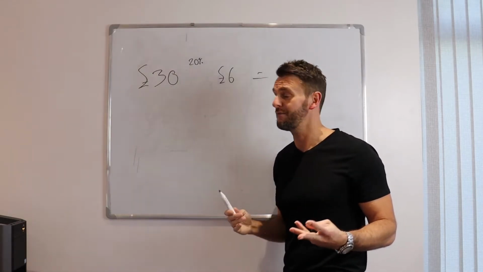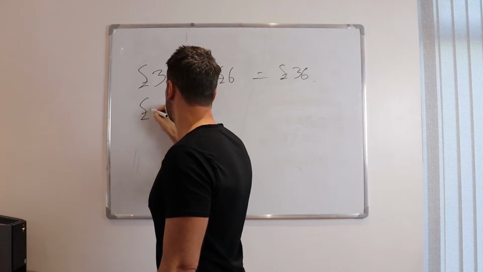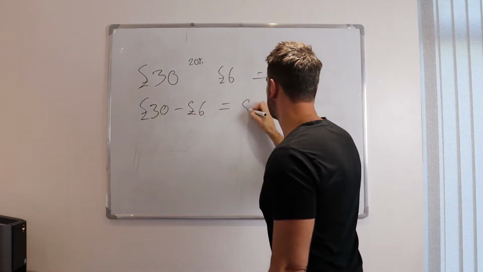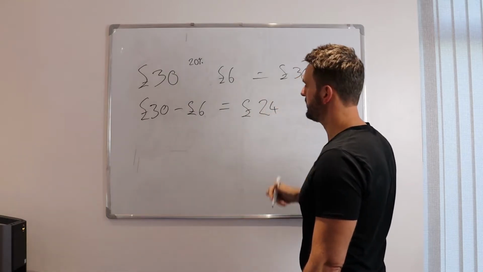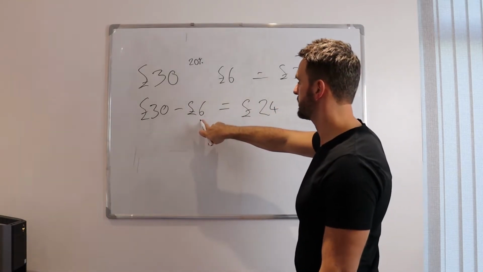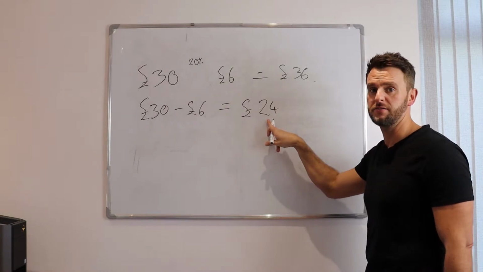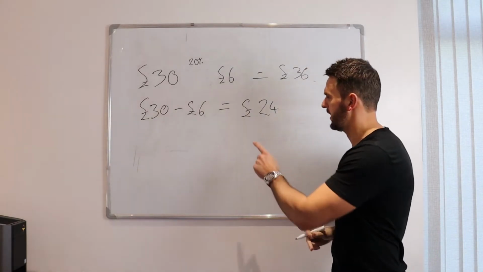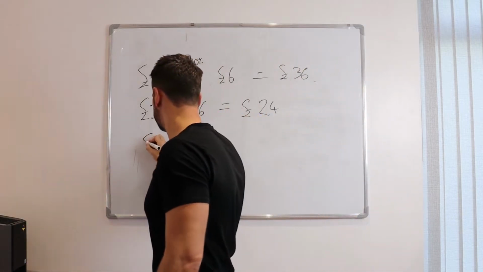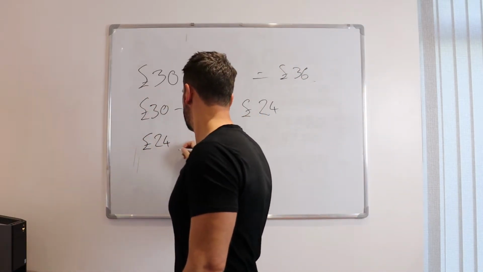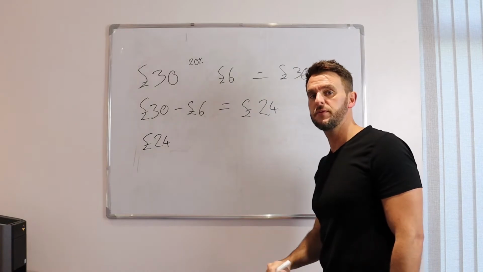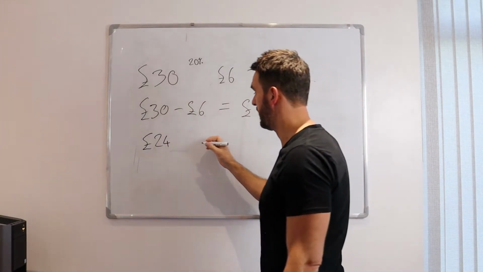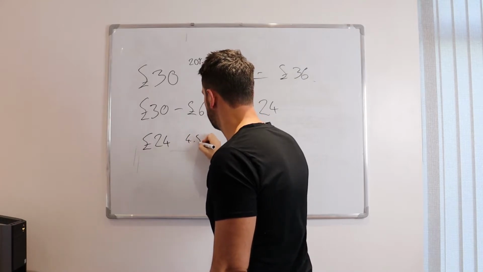Let's follow this scenario a little bit then. £30 minus £6 equals £24. So we're saying the VAT is still £6 and it's a £24 turnover. Fine, right? Let's just look at this again. £24. What's 20% of 24? 10% is £2.40, 20% is £4.80.